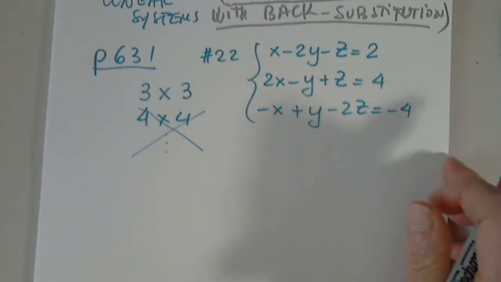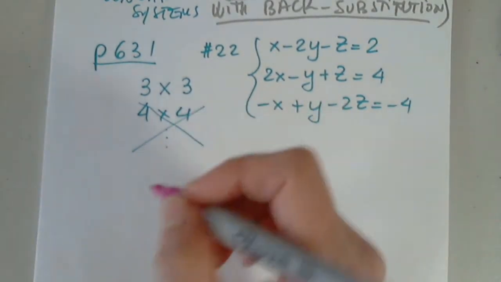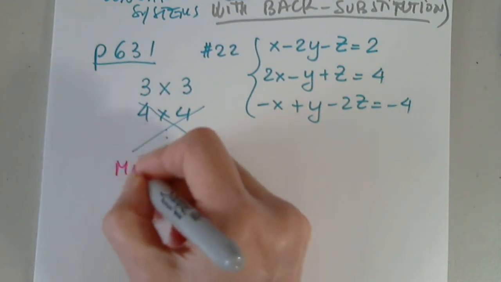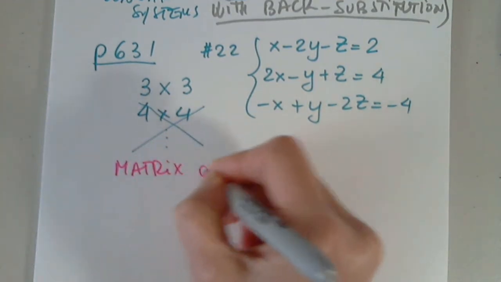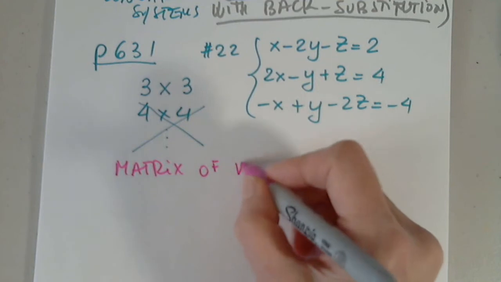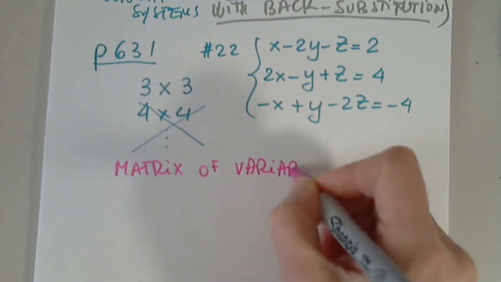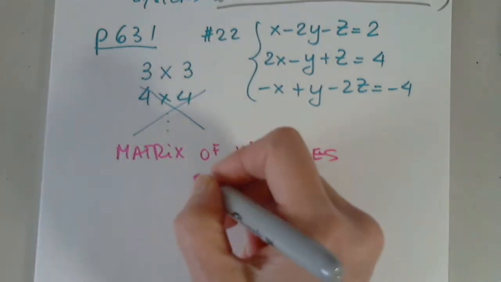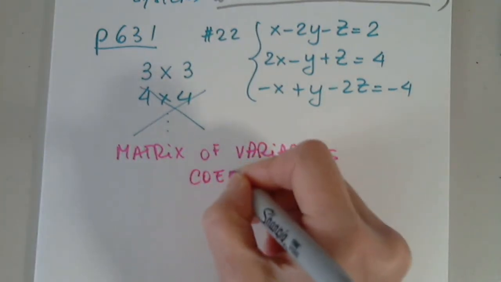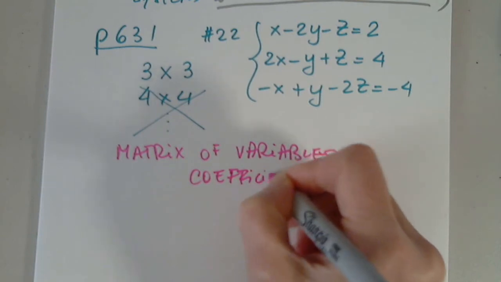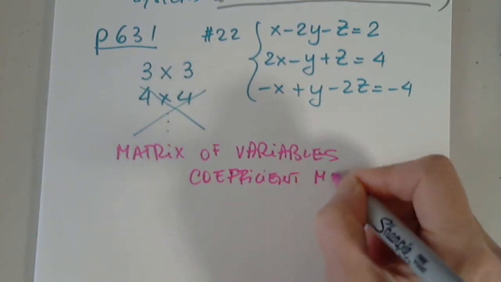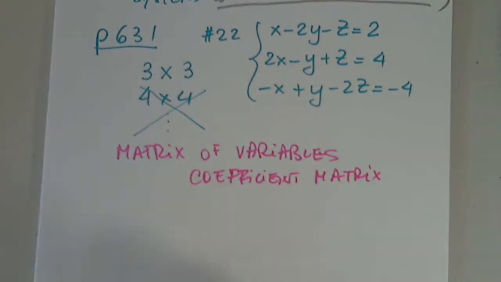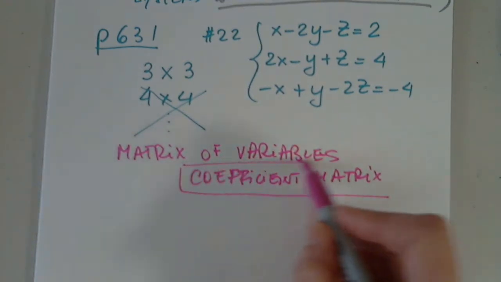So number 1 is I'm going to denote what is called the matrix of the variables, or the coefficient matrix. Better. This is better. Coefficient matrix.